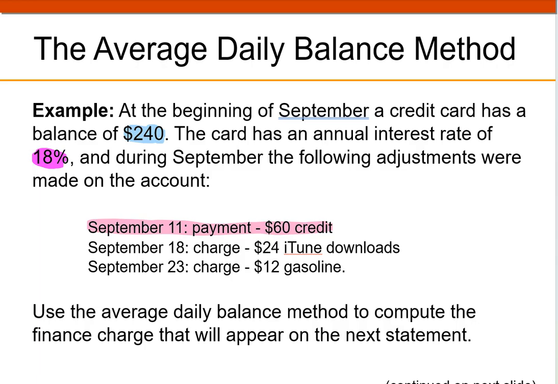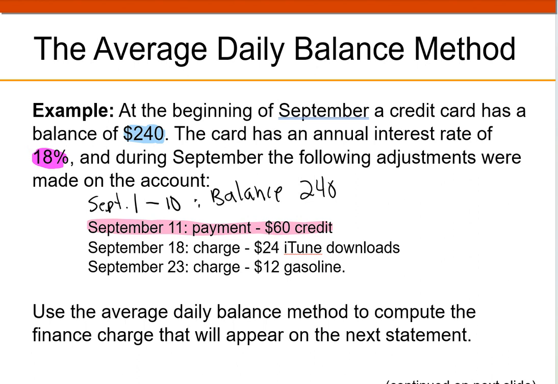Okay. That means that from September 1st through the 10th, you had a balance. The first 10 days, you had a balance of $240. So on September 1st, it was $240. September 2nd, it was $240.